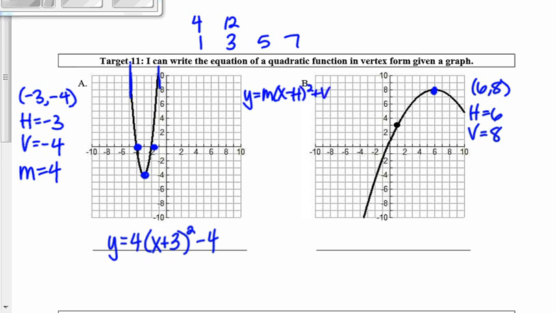We do know h and we do know v. So h is 6, so I'm changing the sign there, so it's -6, plus 8. And if you look, this problem actually gives us another point at 1, 3. 1 represents an x value, 3 represents a y value, so we can go ahead and plug those into our equation as well.